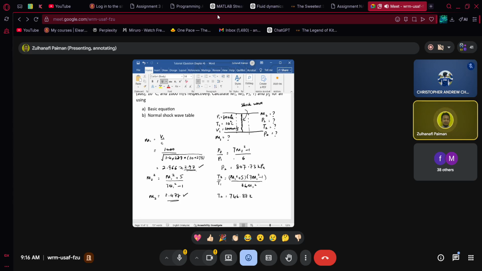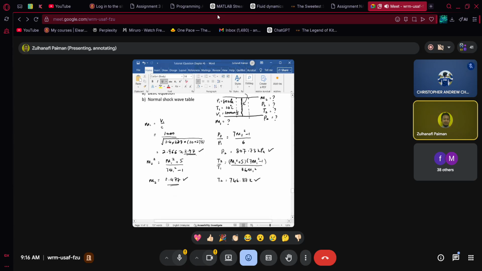M1, M2, P2, T2, and the last one is the density. So how to find the density? You can just use the ideal gas relationship. So P2 is equal to rho RT. So rho 2 is simply P divided by R T2.